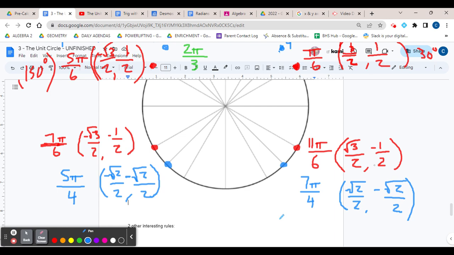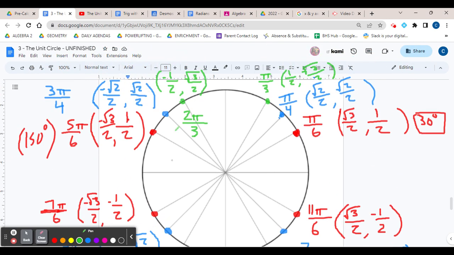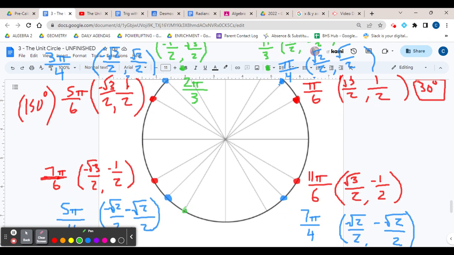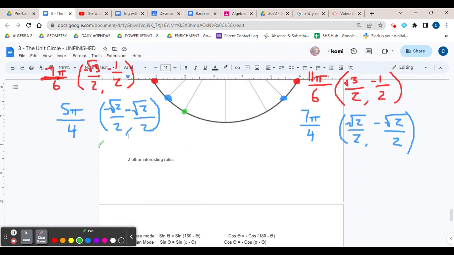All right. So, last but not least, we had our 2 pi over 3 angle here. This is 3 pi over 3 right there at the 180 mark. So this here is going to be 4 pi over 3. And so this point, again, the x value stays negative.